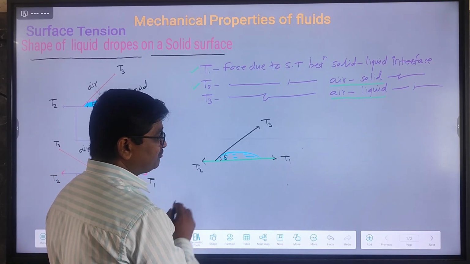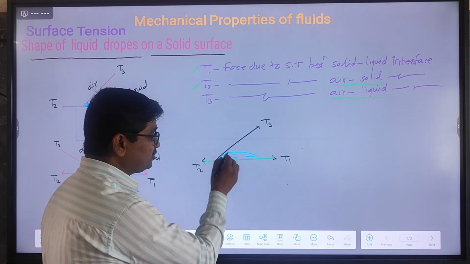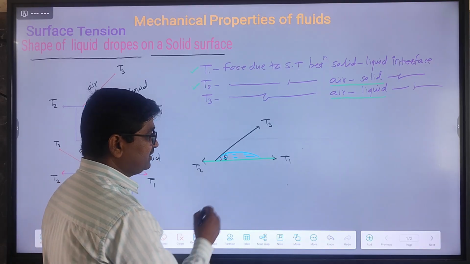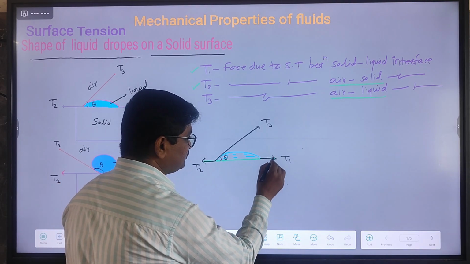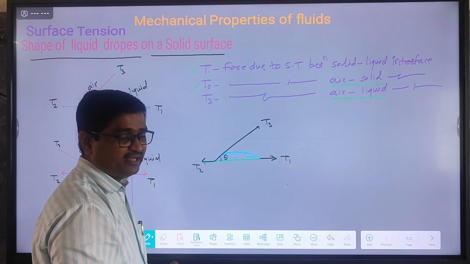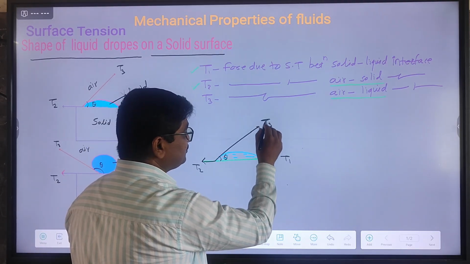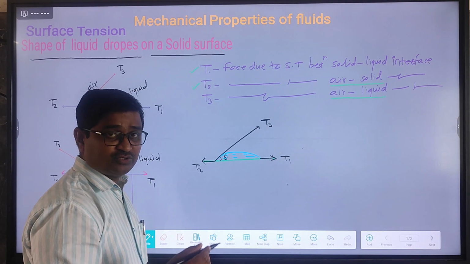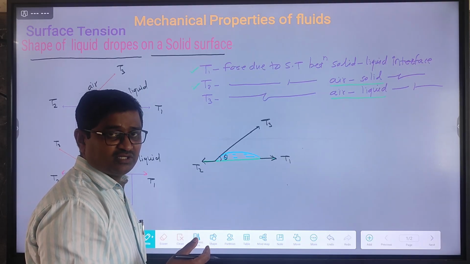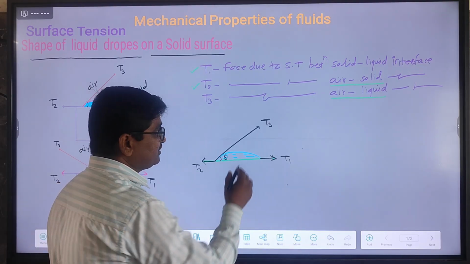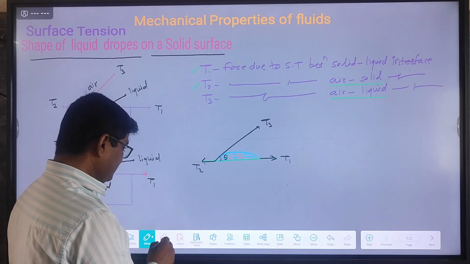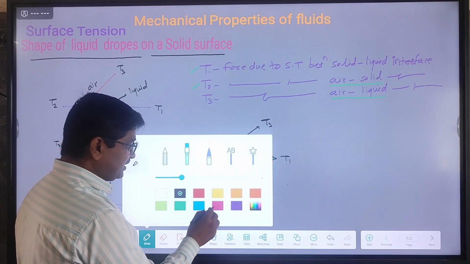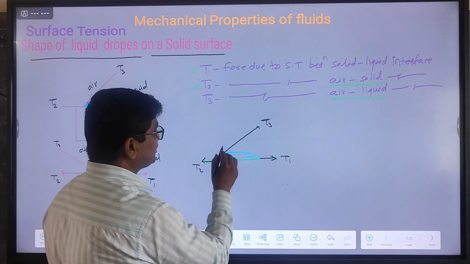Now, according to the equilibrium condition of the drop, if the drop is in equilibrium, the forces on the left hand side and right hand side are equal. T3 is the force due to surface tension, so it is a force. According to the concept of vectors, this force T3 is resolved into two mutually perpendicular components.